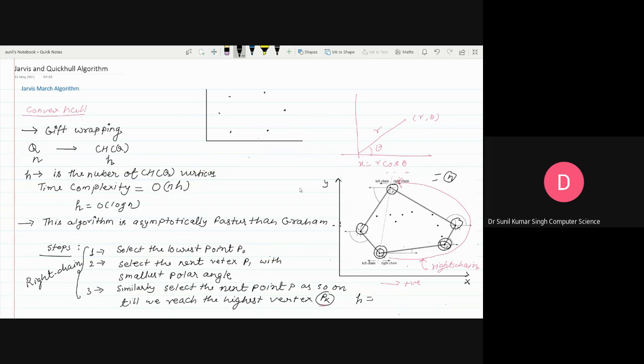In this case, if you are going to form the convex hull, then we have to consider all the points. How many points are there? 6. So what will be the value of h here? 6. So that means there are n points and all the n points are chosen. Then what will be the complexity of this Jarvis algorithm? It will be order of n square.